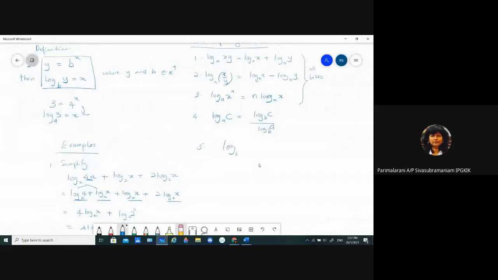I think there's one more rule that I have to add for you: log b base b is 1. I think you know this one. When the number and the base are the same, it is 1.